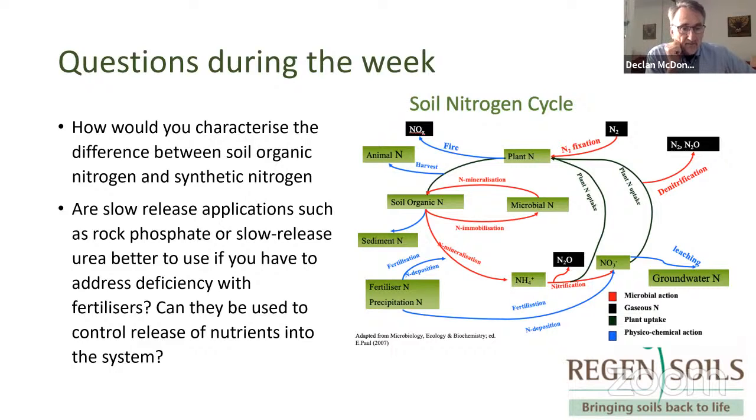Some of it escapes those organic immobilization processes and ends up causing damage further down the chain. But certainly use slow release forms such as rock phosphate or urea, provided it's done gradually, again, no sudden movements as far as the soil is concerned, because the soil is a bit like the rumen of an animal.